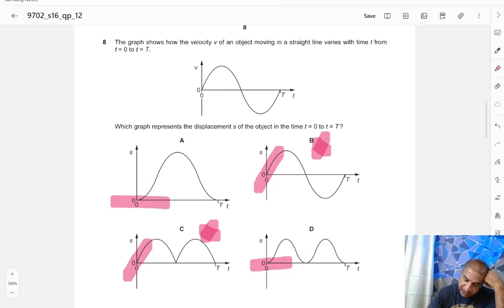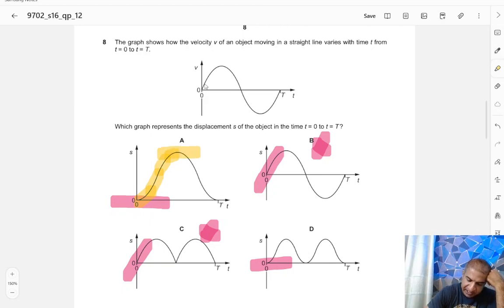Let's look at the rest of part A over here. Here we have gradient 0, and eventually the gradient increases to a maximum value. That means the velocity increases to a maximum value. You can clearly see that from here the gradient is increasing, here also the gradient increased, and then this gradient is actually decreasing, and then it becomes 0 again.